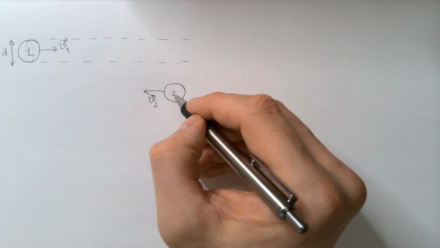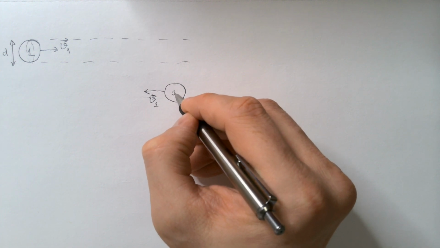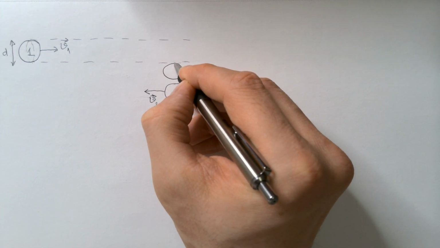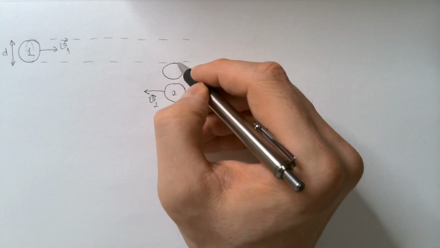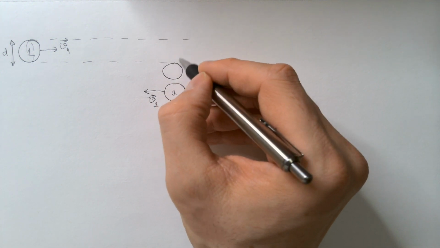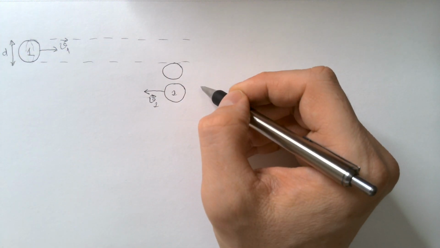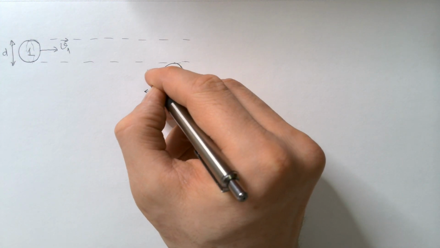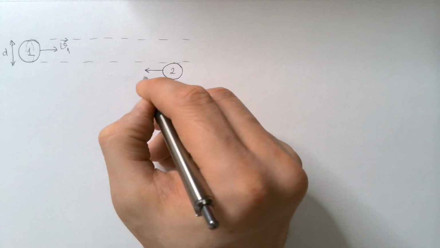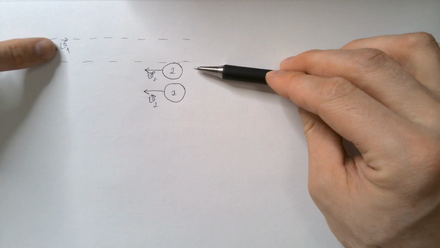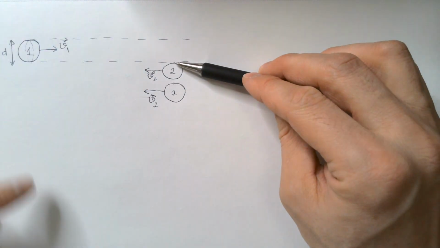The collision will occur only if this atom 2 is located here at worst, or somewhere inside of this volume that atom 1 will sweep.